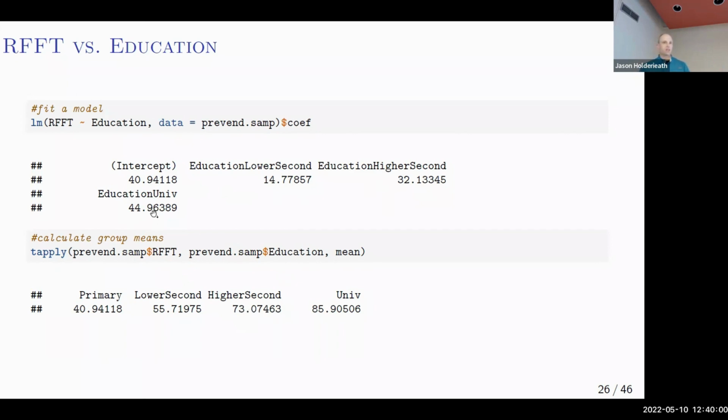And finally, the university education, however many observations, they'll have a 1 in this box here. And that's 45.96. So basically 45 units higher than primary. And we see that there. We have 85 for our group means of these different education levels.